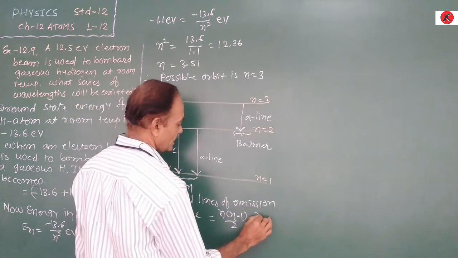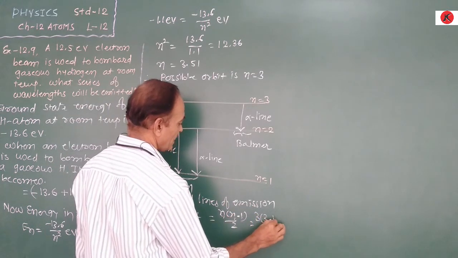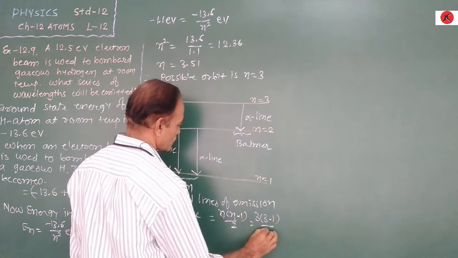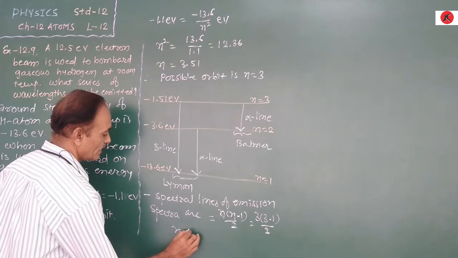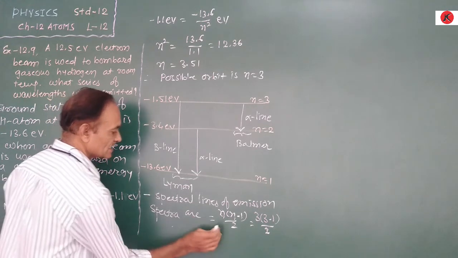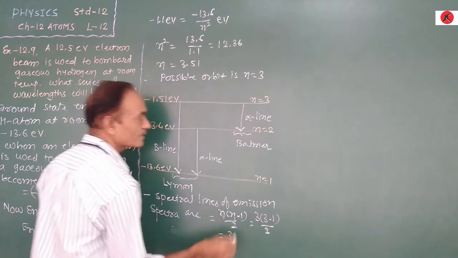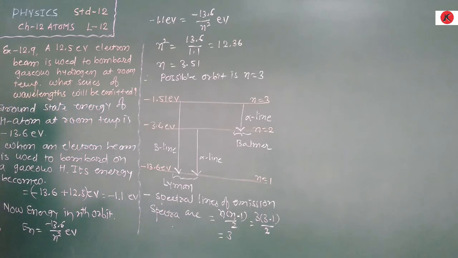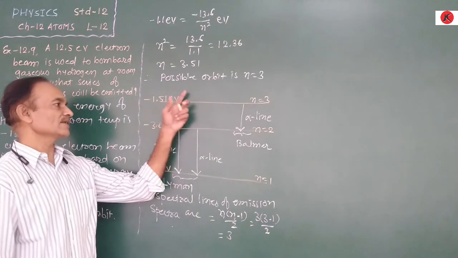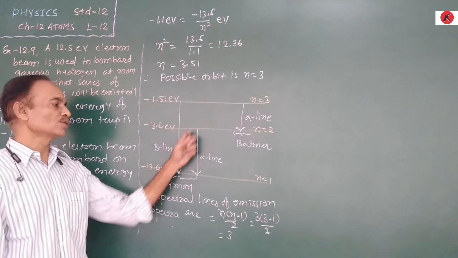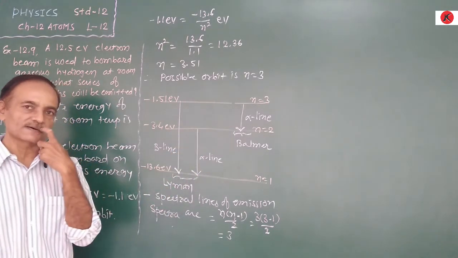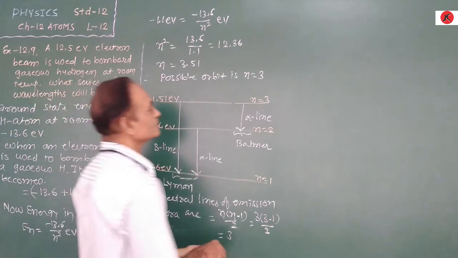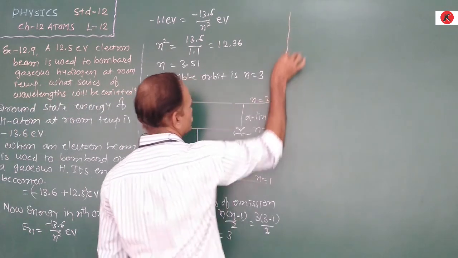With n equal to 3, therefore 3 into 3 minus 1 by 2. Therefore, three spectral lines are obtained, corresponding to the 3 to 1 transition, the 2 to 1 transition, and the third corresponding to the n equal to 3 to n equal to 2 transition. Clear? Okay.